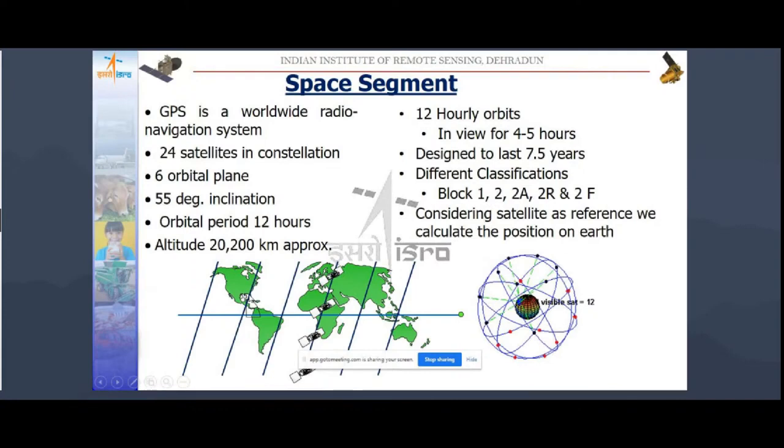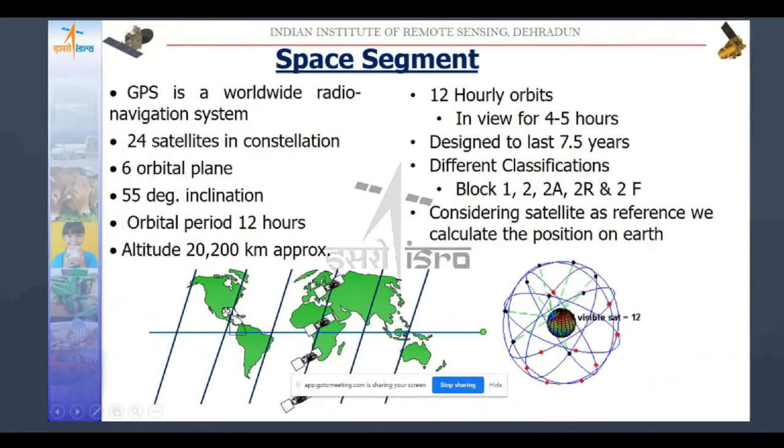So how much altitude do GPS satellites have above the Earth? It is 20,200 kilometers. Now, when we talk about our IRNSS, these satellites are at almost 36,000 kilometers.